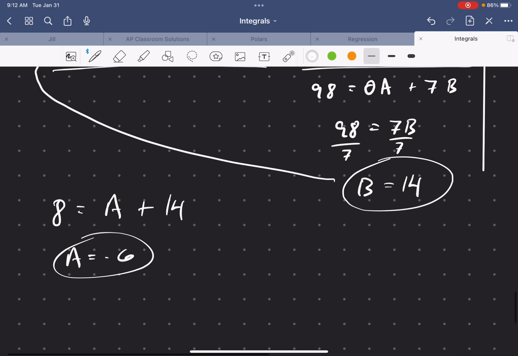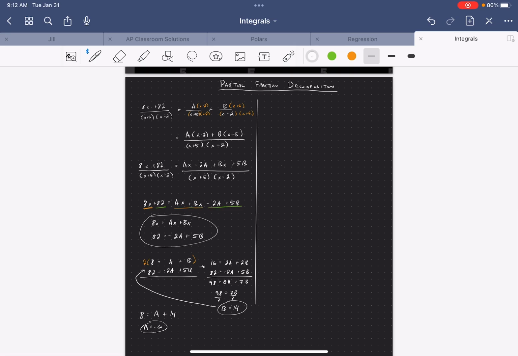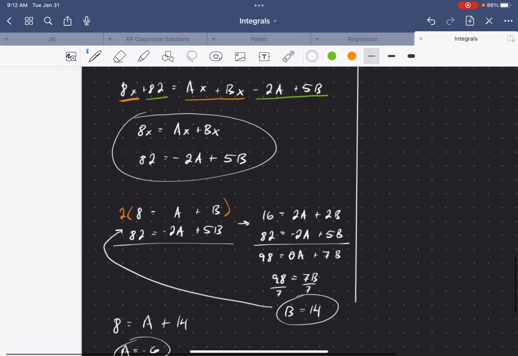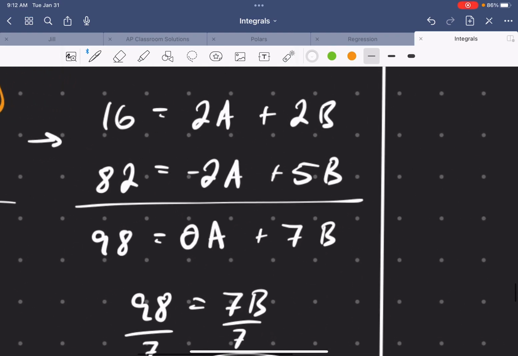Okay, so that's the super long way. You can see how much work that required. So let's see if we can shorten this somehow. Essentially what happened at the end here, once we had our system of equations, we were able to do the elimination method, which eliminated the A's by creating a 0 in front of that A right there. So if we could create a 0 for the A in some other method, then that might be faster than the method we just did here.